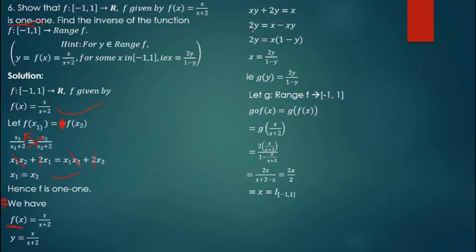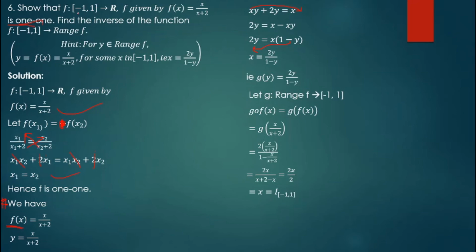Then next step, 2y and xy move this side, it will become negative, so x minus xy, 2y is equal to x. x is common, so 1 minus y, and later this 1 minus y moves this side, so we have x is equal to 2y by 1 minus y, that is g of y is equal to 2y by 1 minus y.